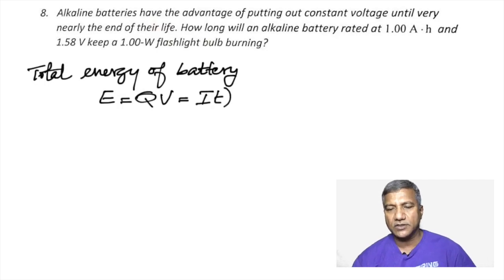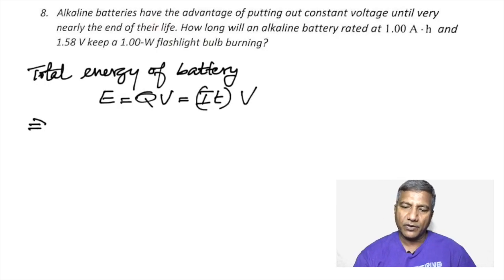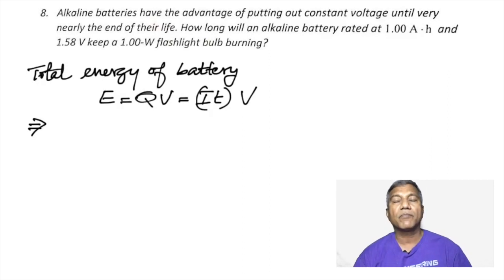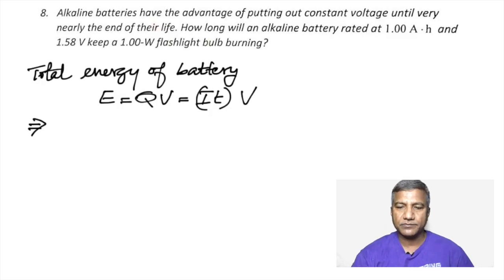But in this case, we're going to use Q times voltage gives you energy. That's from the definition of voltage. Remember, voltage is work over charge, which means work is charge multiplied by voltage. Work and energy are the same. So energy is charge multiplied by voltage. But charge is current multiplied by time.